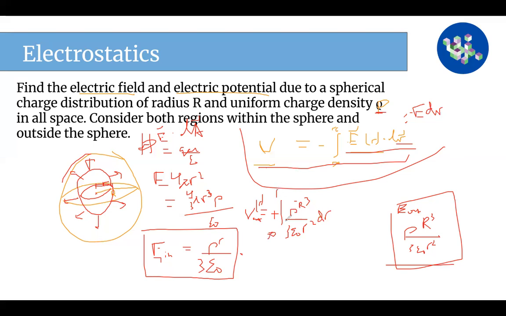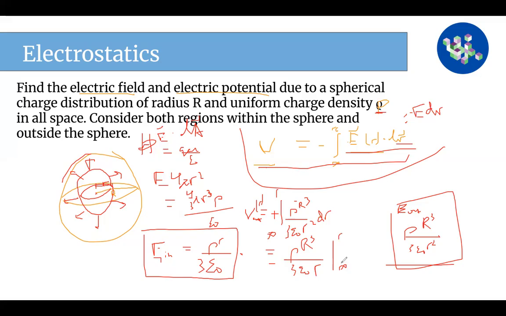And what do we get? If we do the integral, we'll get rho R cubed over 3 epsilon 0, and then times r to the negative one, and then evaluate from infinity to small r. What are we going to get?